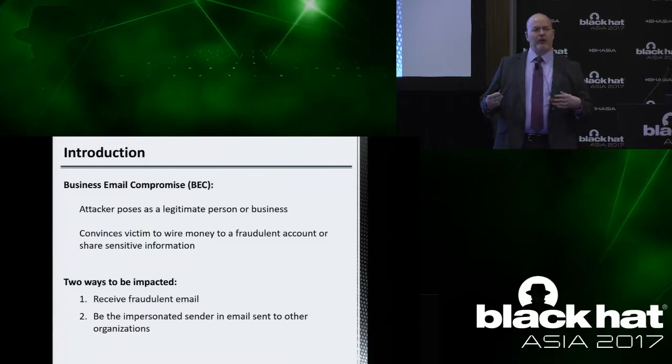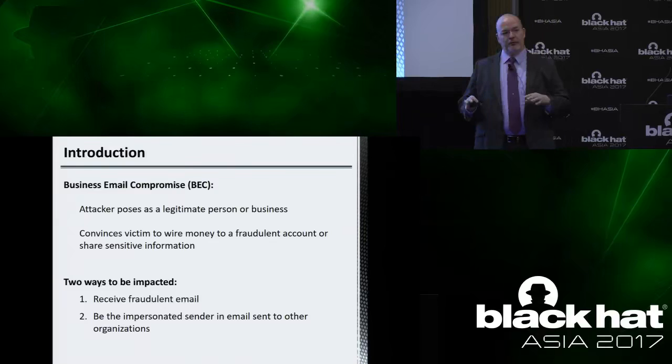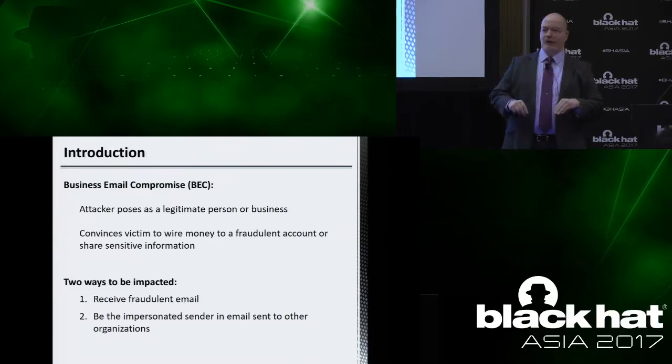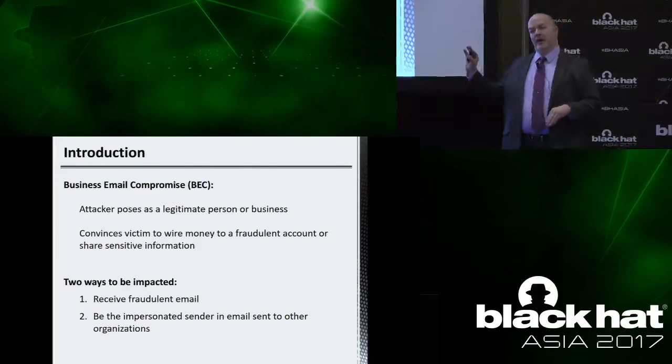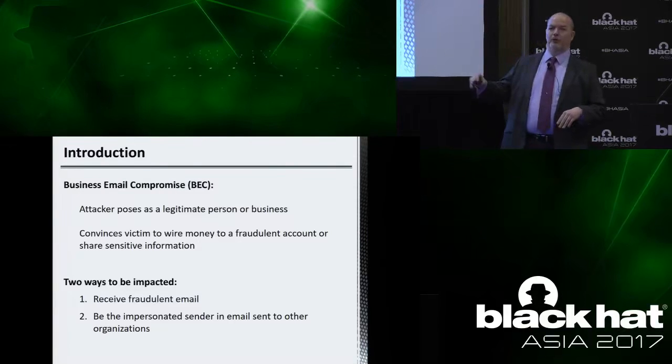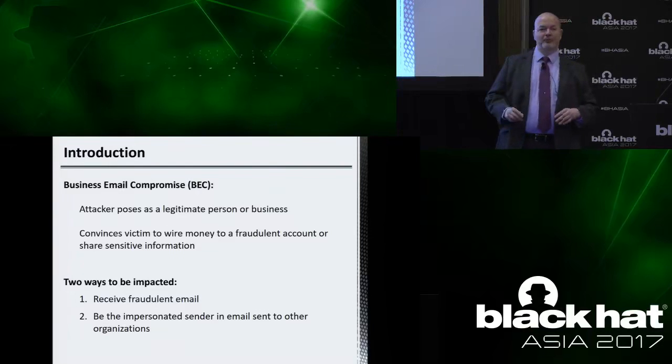All of those things may financially impact you at some point in the future. If you fall victim to business email compromise, you are impacted right now. It's not that you're going to lose money a year from now, 3 years from now, or 5 years from now because your intellectual property got lost. You're going to lose money today because someone in your company just sent money to the attacker and it's gone.